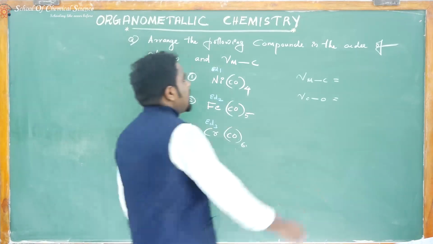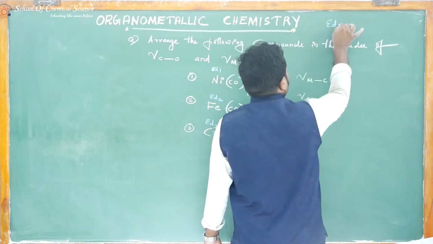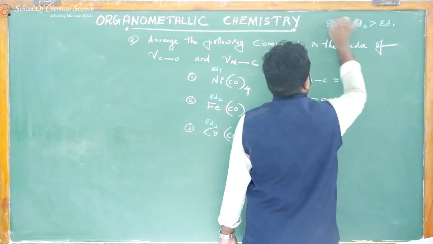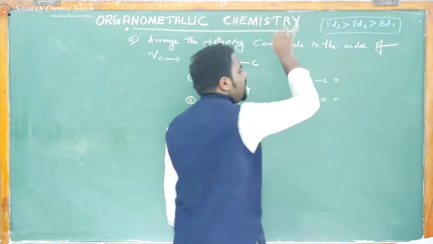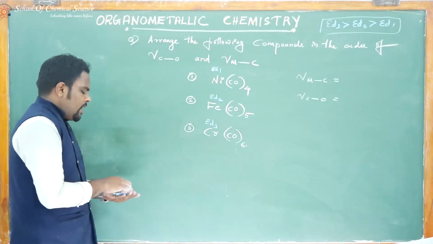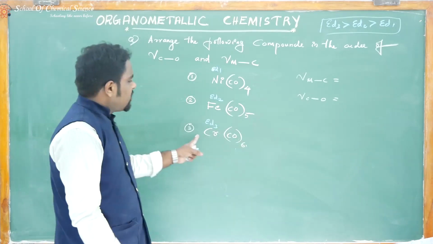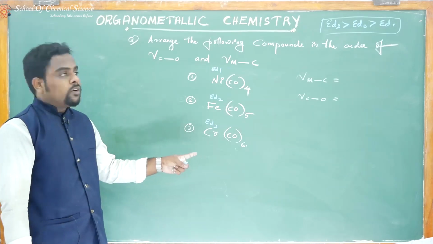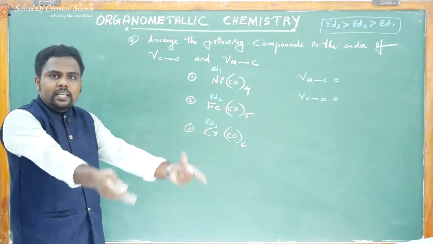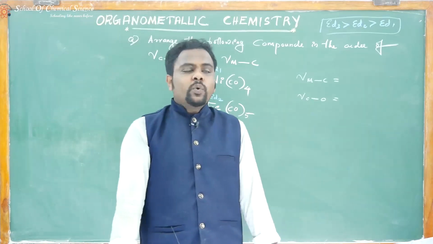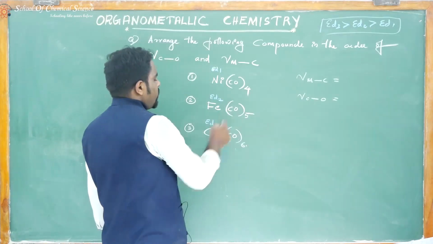So electron density 3 greater than 2 greater than 1. Then read the statement: higher the electron density on the metal, chromium has the highest electron density. Then back bonding increases, ν MC increases. What is the order of ν MC?